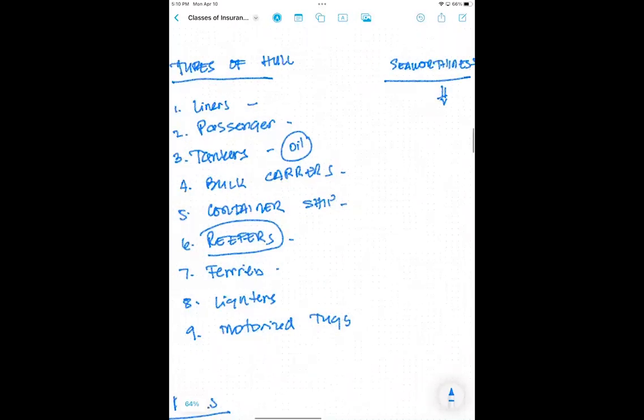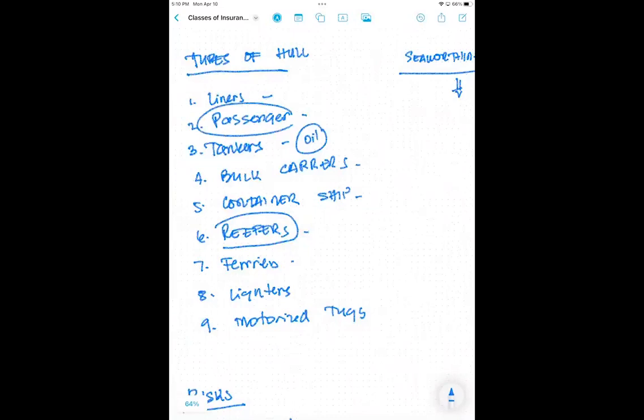Such that if we talk about a passenger ship, and the ship cannot even carry passengers, or cannot even provide the usual comfort to passengers, then it can be argued that that particular ship is not seaworthy, even if it can actually withstand the voyage. So that's the importance.